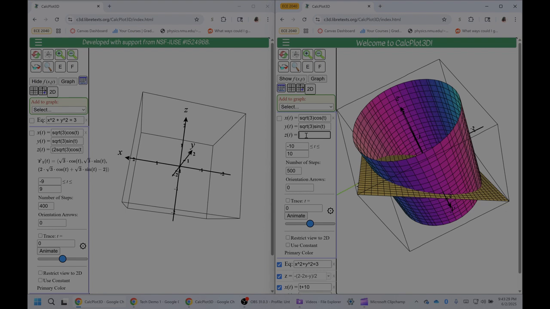So then we just plug it in. We have 2 square root 3 cosine t, plus we plug in y, which is square root 3 sine t, and then minus 2.